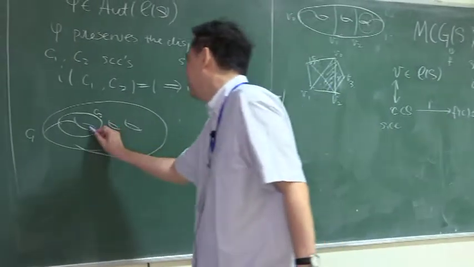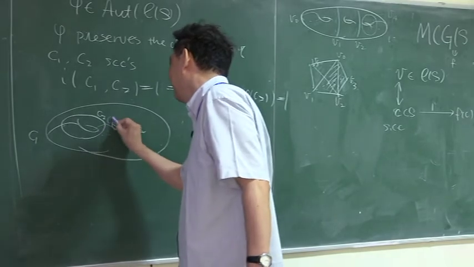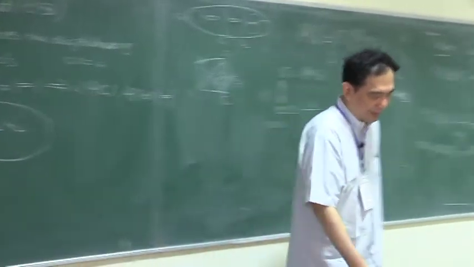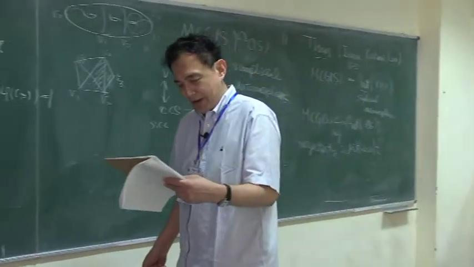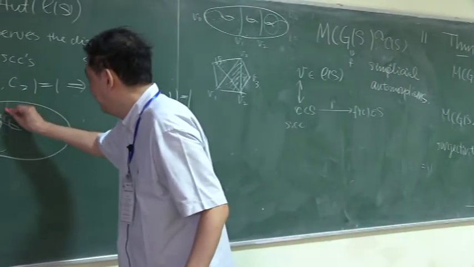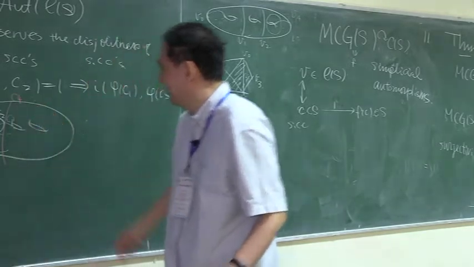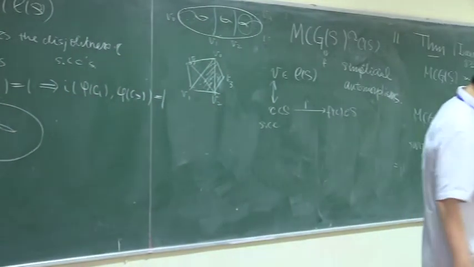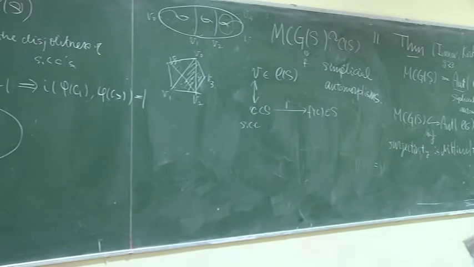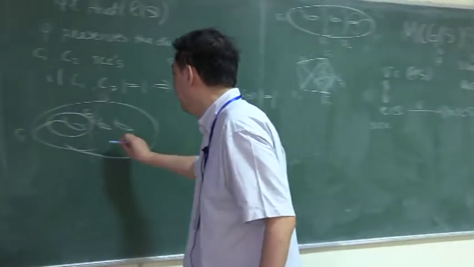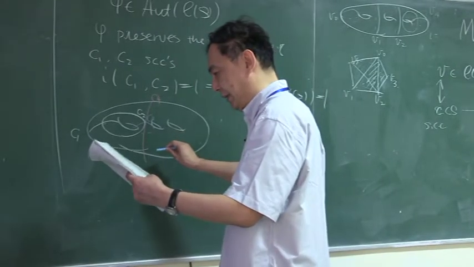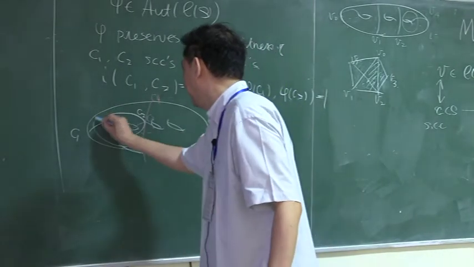You just draw C3 here, and C4 should be here, and what's next? And C5 should be somewhere here.